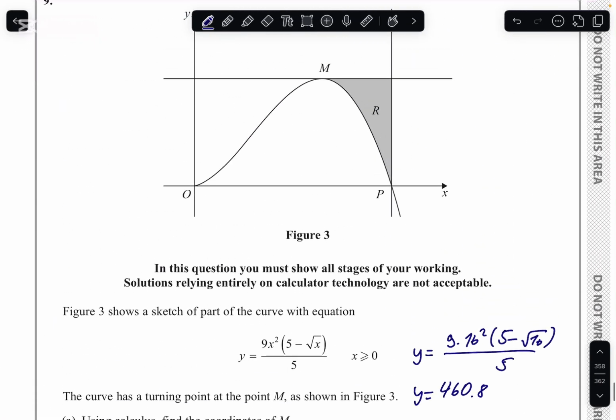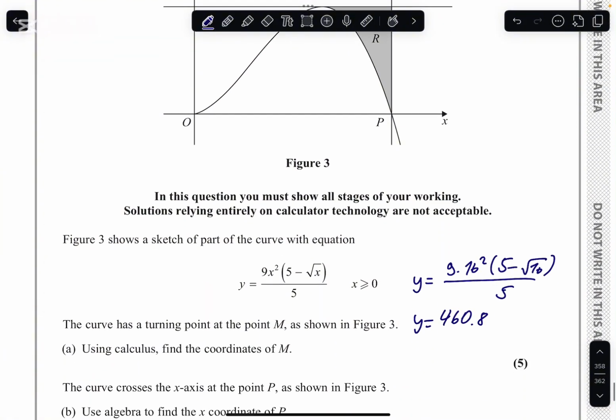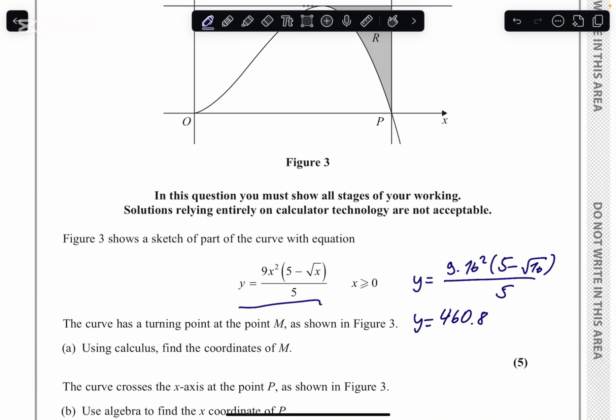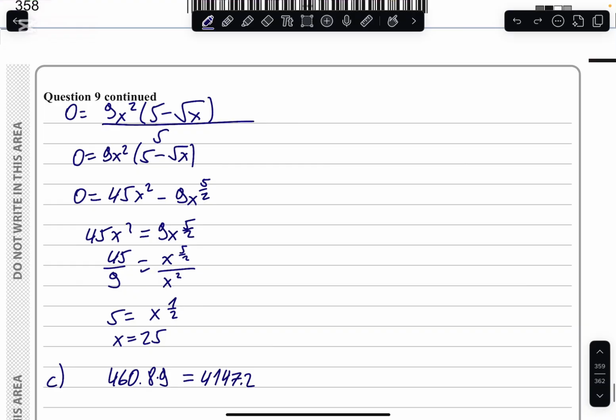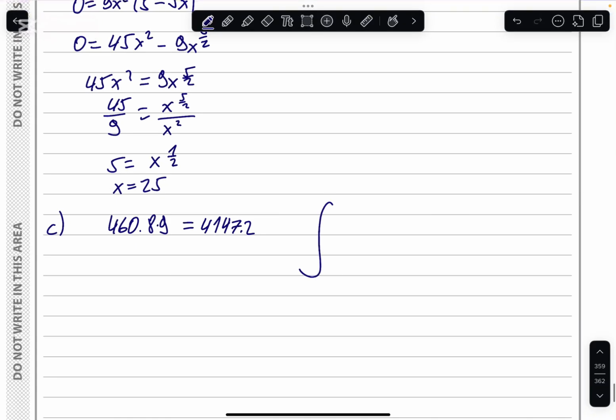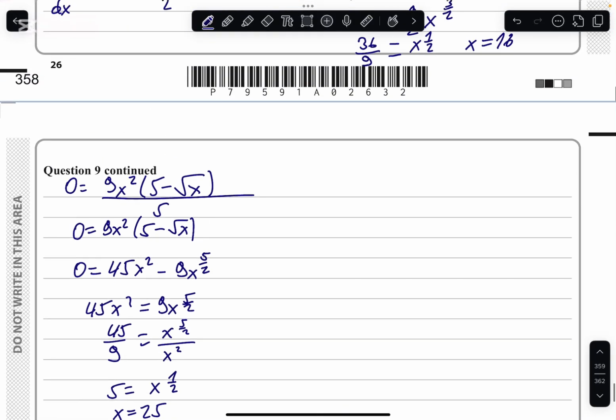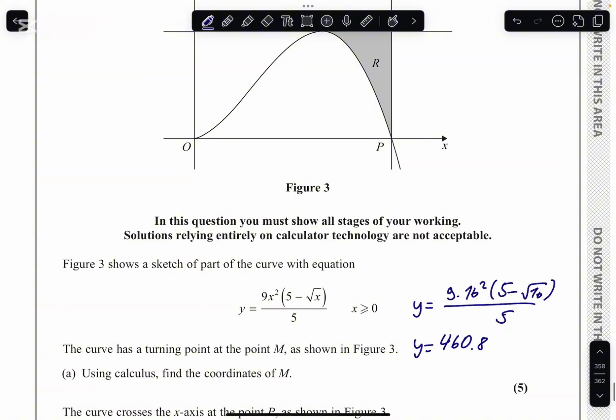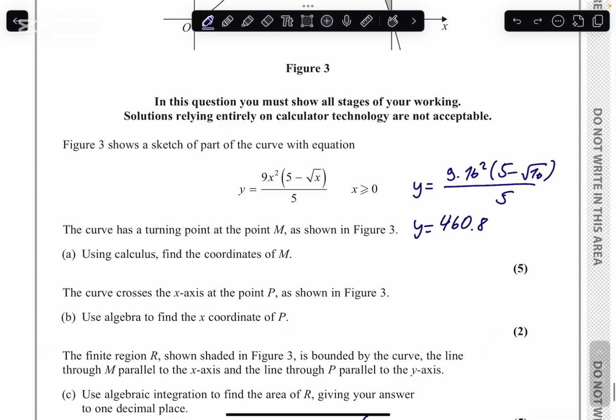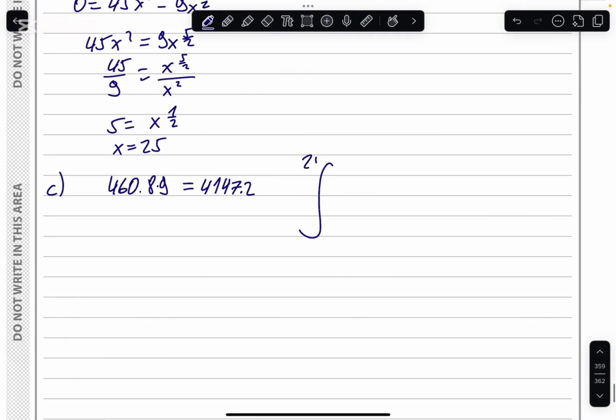Now to do the second part, we need to integrate this equation here. And with the boundaries of the x-coordinate of p, which we found to be 25, and the x-coordinate of m, which we found to be 16.